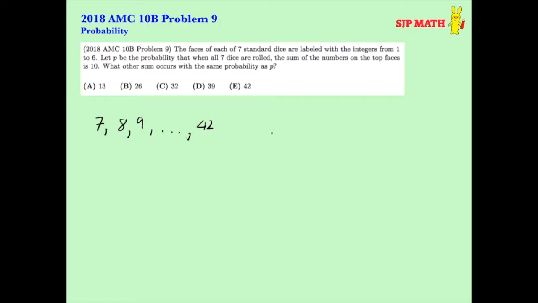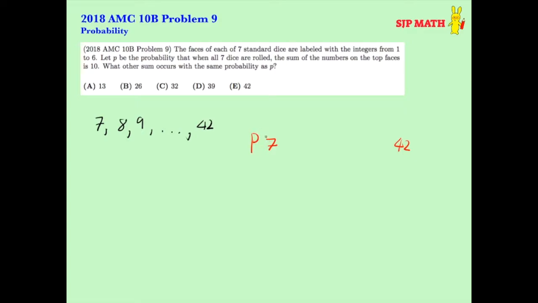The smallest possible sum is 7 and the largest possible sum is 42. So we're going to look at the probability. That's a big P, so don't confuse this big P and small p. This is a variable, and this is the probability function.